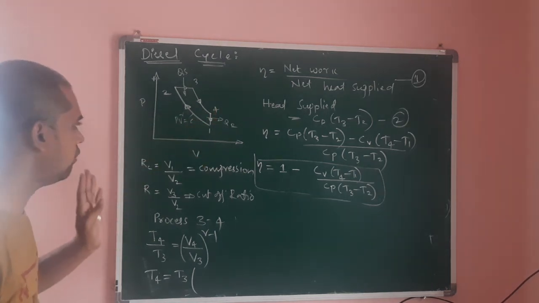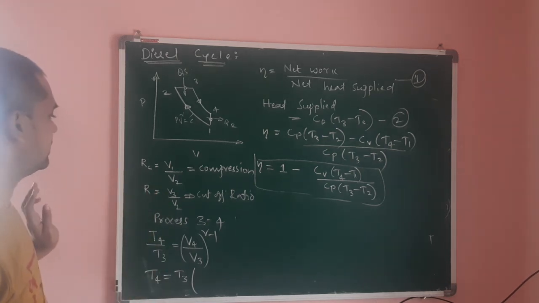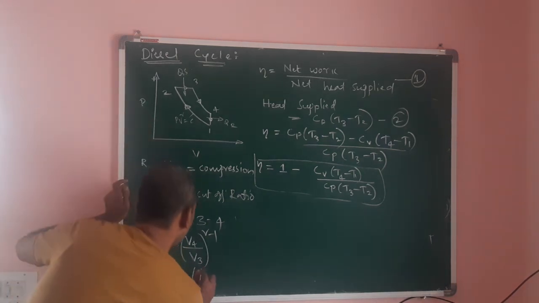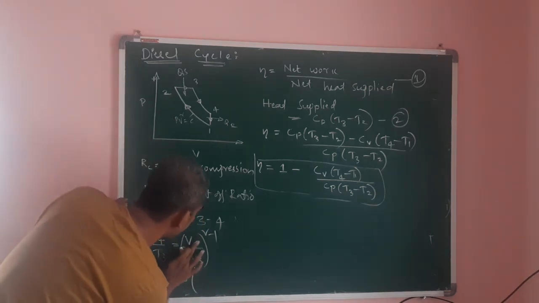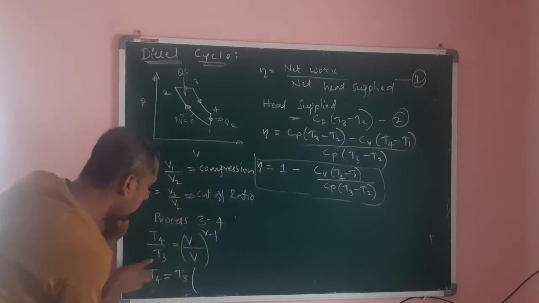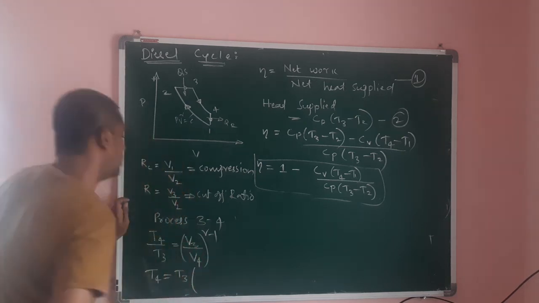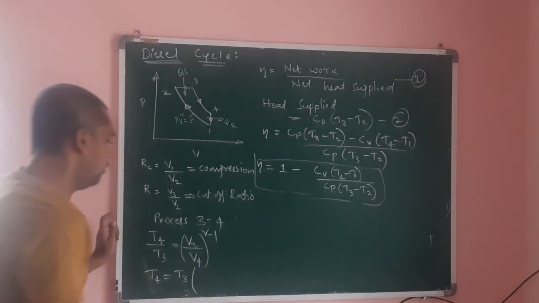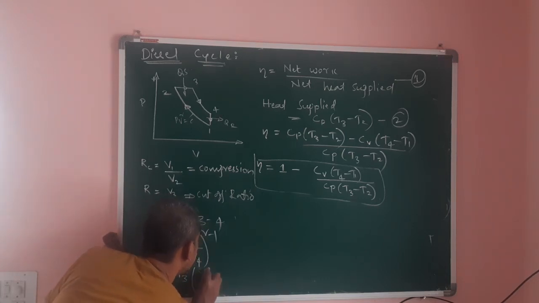Therefore, I will make some adjustment here. This is P3 by P4. T4 by T3 equal to P3 by P4 raised to gamma minus 1. P4 equal to P1. Therefore, I will do some simplification.